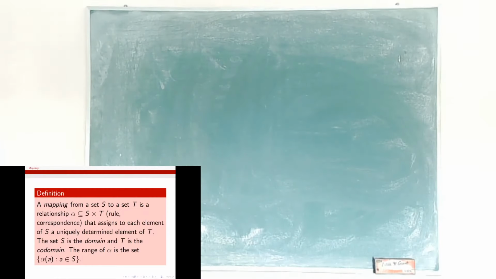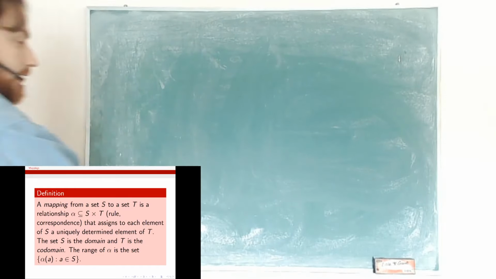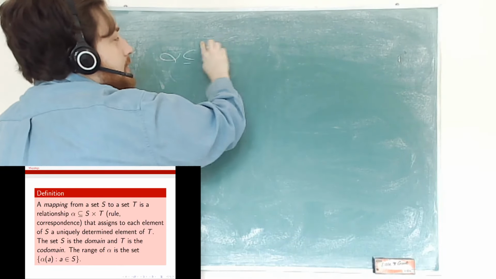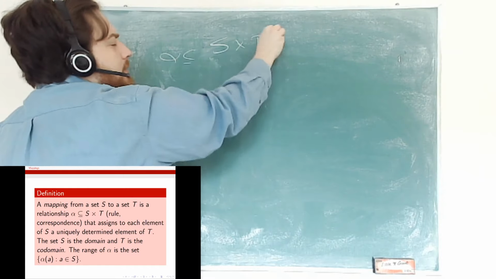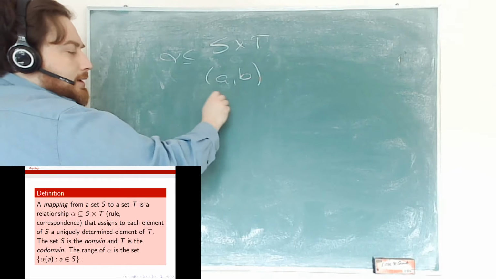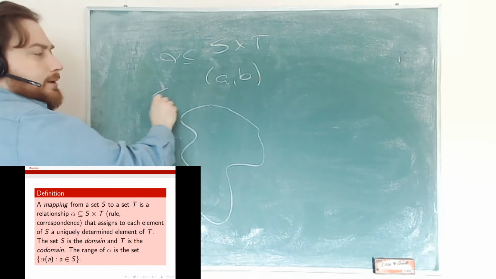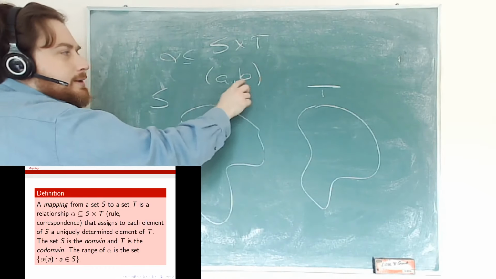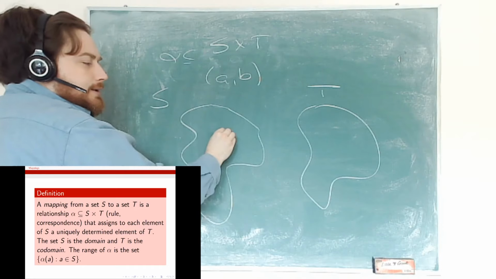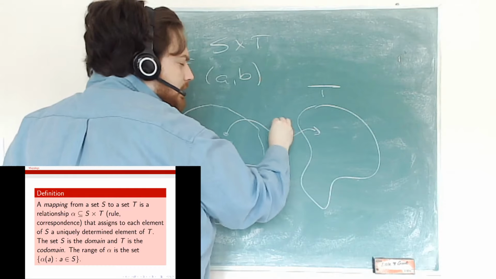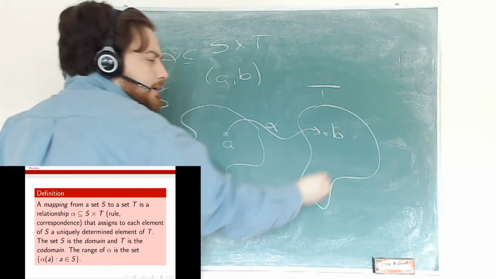So pictorially, what we have is alpha is going to be a subset of S cross T. So for example, if I had something like (a, b) in there, that would mean that if S is my domain and T is my codomain, then because (a, b) is in there, if I take a and follow it under alpha, I'm going to end up at b.